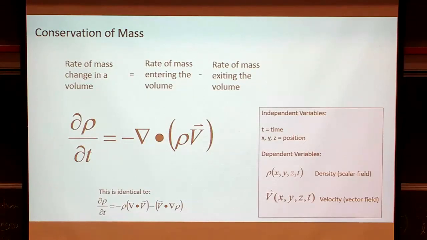In all of these equations, the independent variables are time and position, so x, y, and z, and time. Now, in some formulations, these will be r, theta, and phi if you're dealing with spherical geometry. The dependent variables for the conservation of mass are density, which is a function of space and time. It's a scalar field. And v here is velocity, which is also a function of space and time, and that's a vector field.